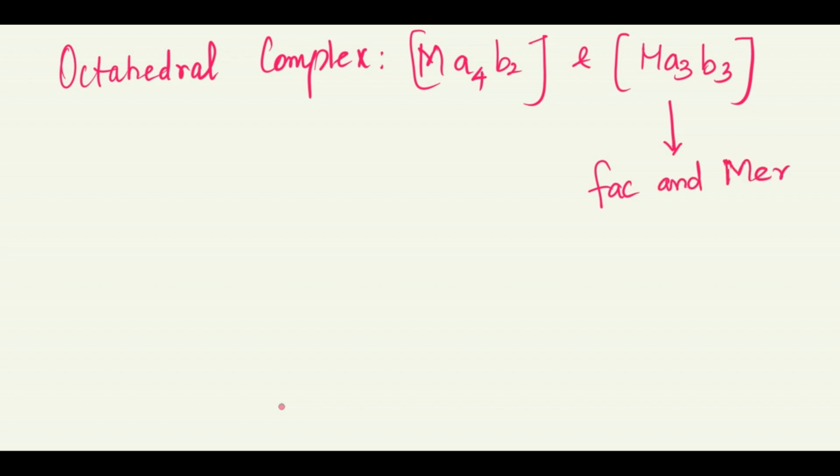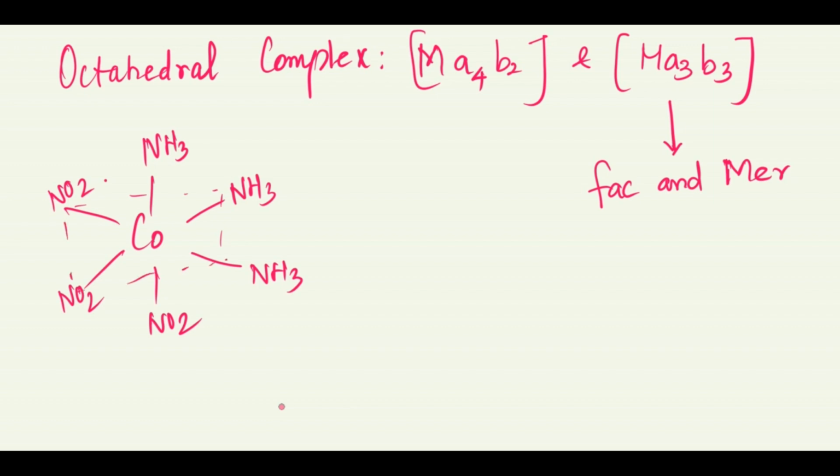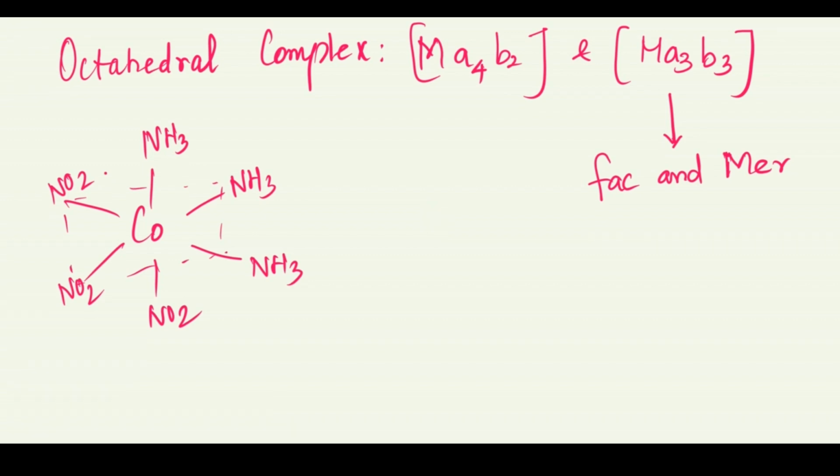Say for example, I'm having cobalt, which has amine ligands, along with NO2, let's say. So this is an octahedral arrangement. Either it can be represented like this, or like this, where one NO2 and another NO2 are present over here, and the remaining are amine.